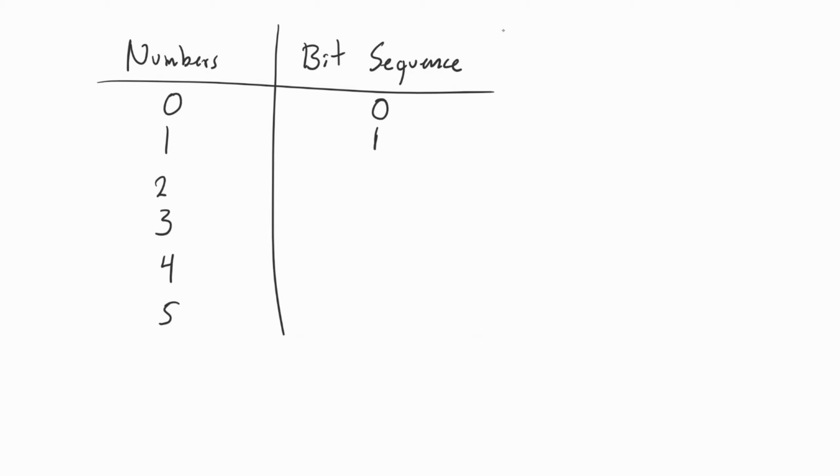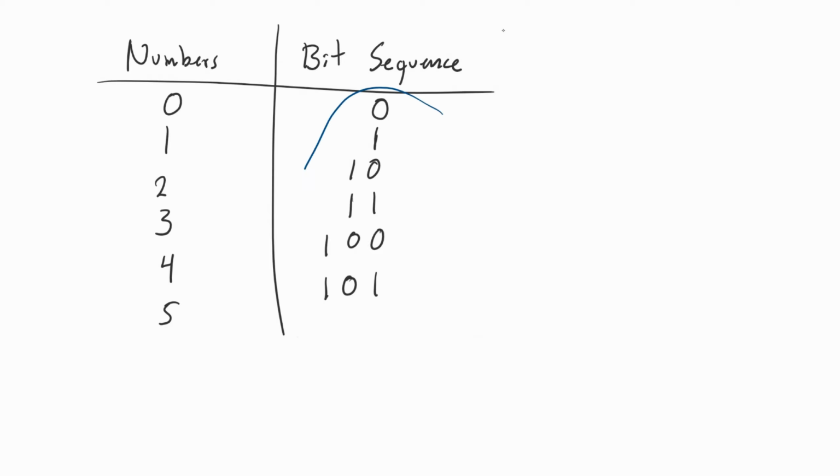So for a 2, we're going to need 2 digits. So the 2 will be represented as 1 and 0. Now for 3, we can still use 2 digits to uniquely represent 3, and that would be 1, 1. For number 4, we can no longer use 2 digits, so we need 3 digits, and that's going to be 1, 0, 0. And for number 5, we can still use 3 digits, that would be 1, 0, 1.